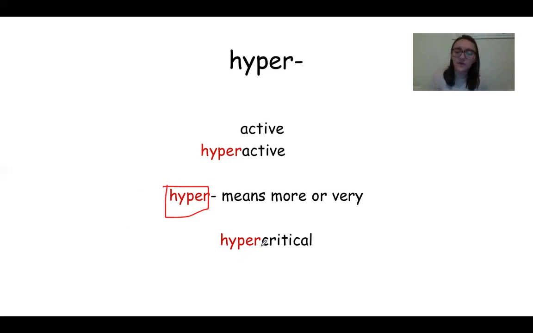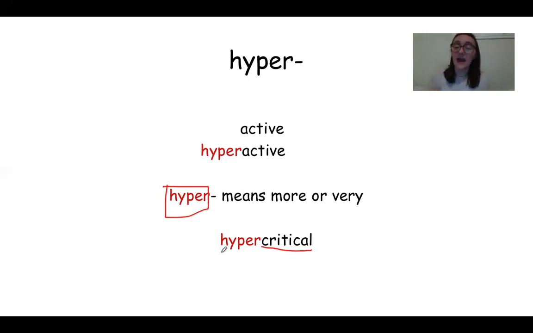So if you have the word critical, it means that you look at things or people and you tell them to do things, or they always are saying what the best thing to do is, or they think about problems all the time and how to solve them.